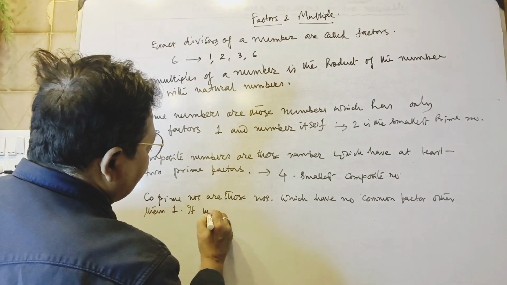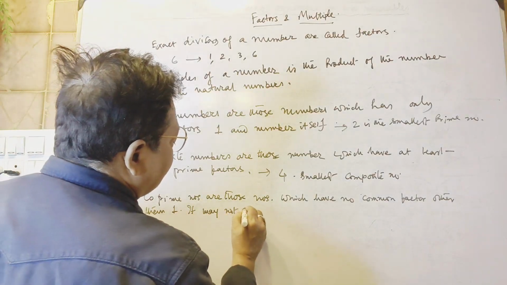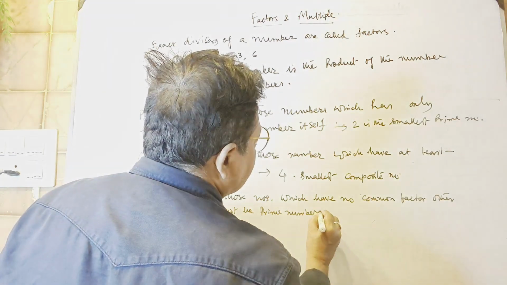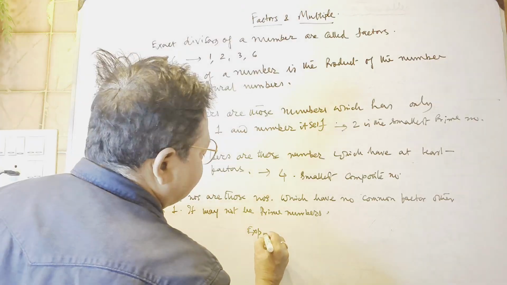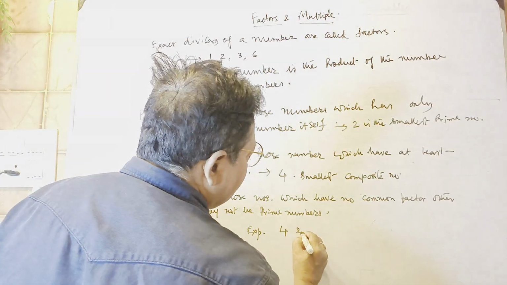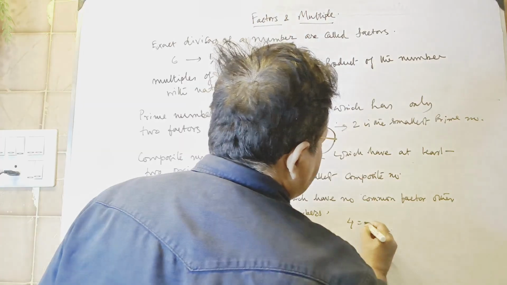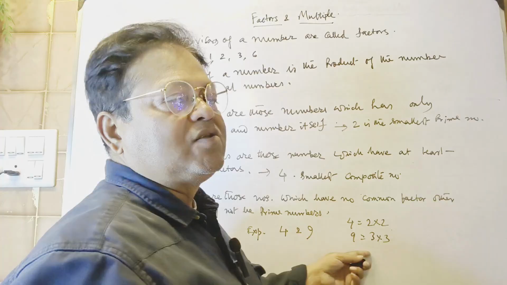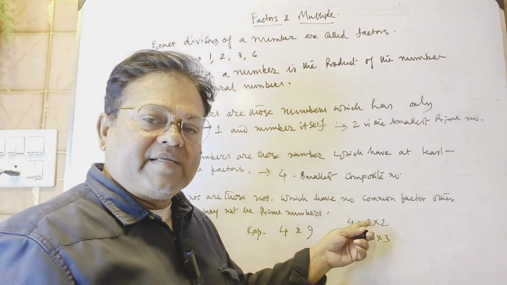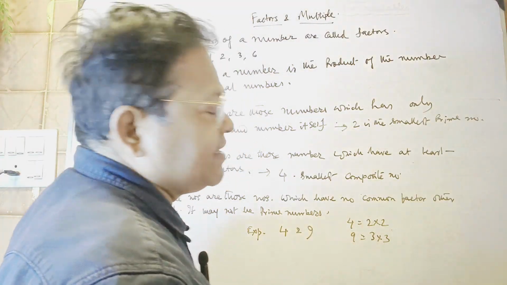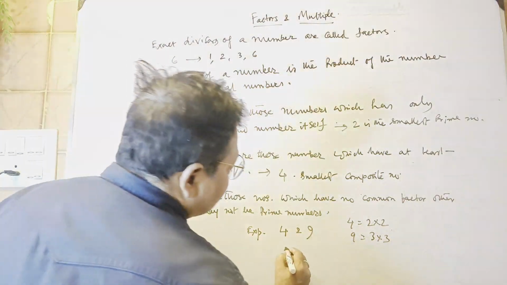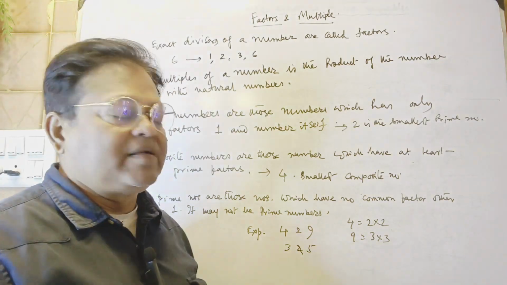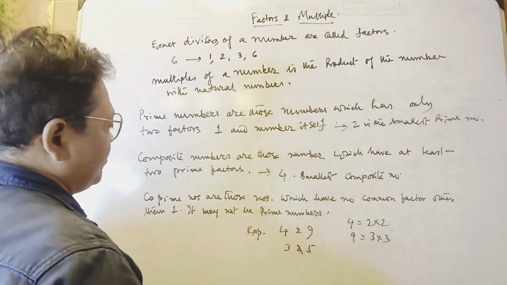They may not be prime numbers. Suppose, as for example, 4 and 9. 4 is equal to 2 into 2 and 9 is equal to 3 into 3. In 9 there is no factor 2 and in 4 there is no factor 3. So 4 and 9 are co-prime numbers. Other co-prime numbers may be 3 and 5. These are prime numbers, but they have no common factors other than 1. So these are co-prime numbers.